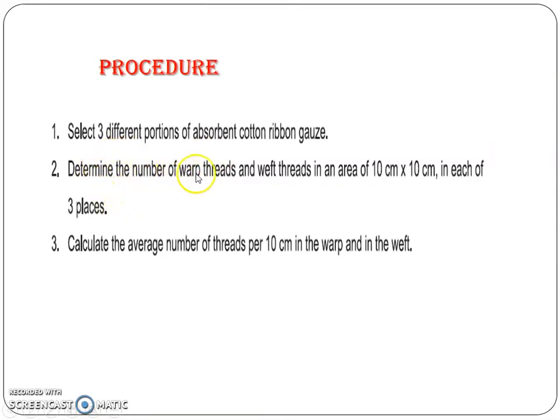Determine the number of warp threads and weft threads, that is horizontal and vertical threads, in an area of 10 by 10 centimeter in each of the three places. Then after calculating warp and weft, we take the average number of threads per 10 centimeter in the warp and in the weft.